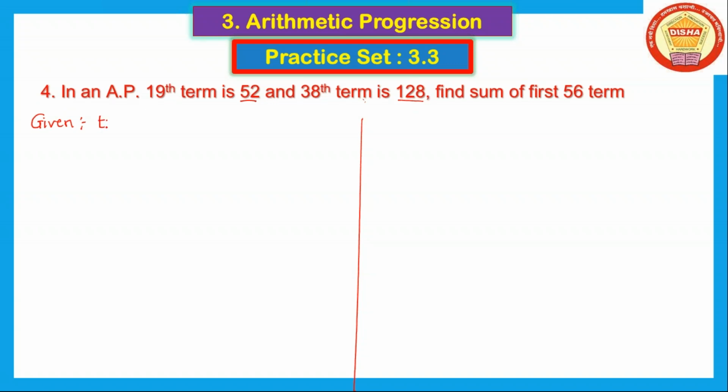T19, the 19th term, is equal to 52 and T38 is 128. Then what is to be found in the given question? That is the sum of first 56 terms, so here we have to find S56.